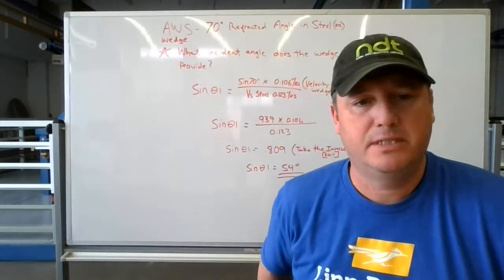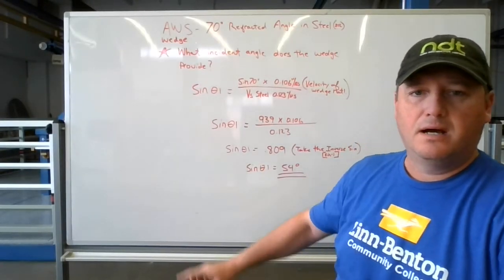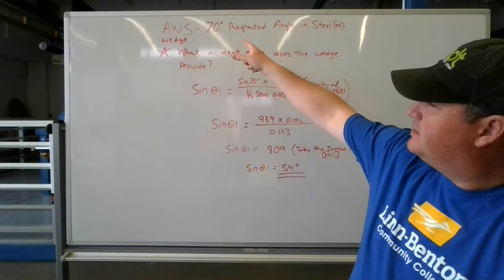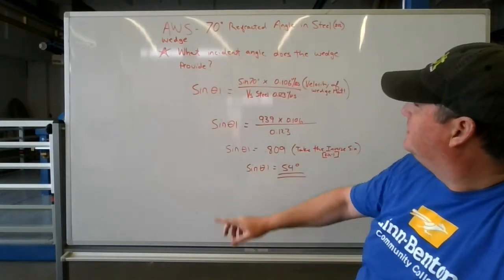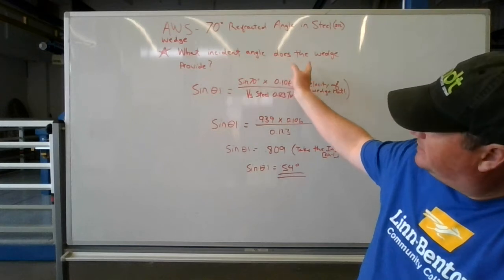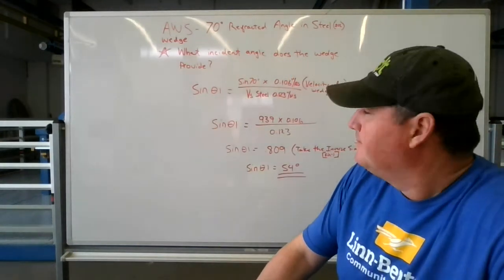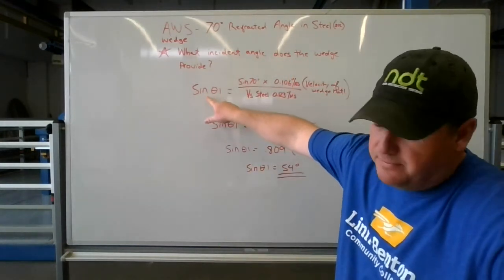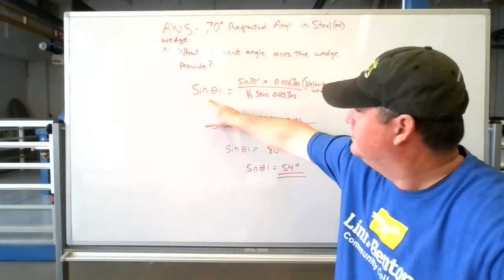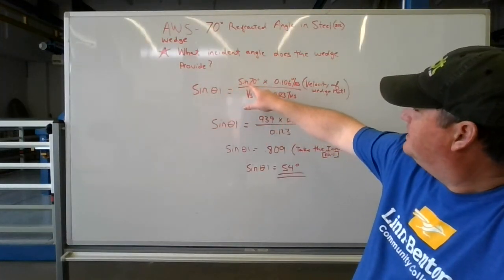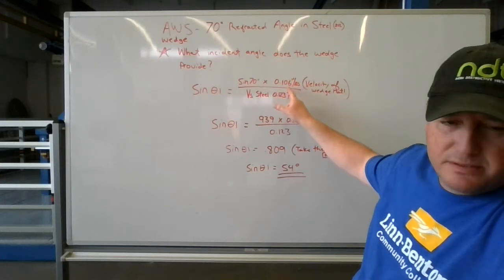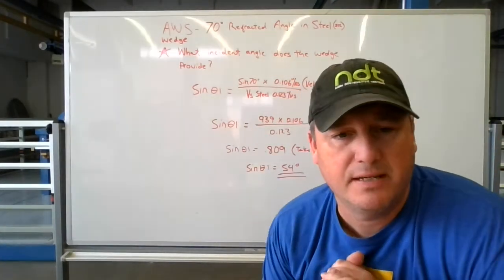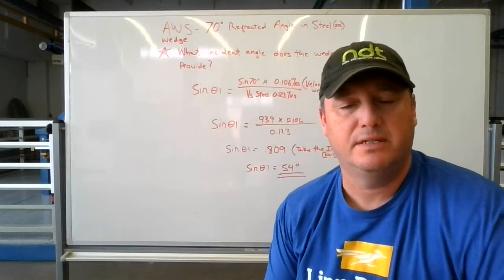Okay, so you can see at the top of the board, we have an AWS wedge, 70-degree refracted shear wave in steel. What incident angle does the wedge provide? So we're going to solve for angle 1. That's what we don't know. We take the sine of 70 degrees times velocity 1, which is the longitudinal velocity of sound in lucite.